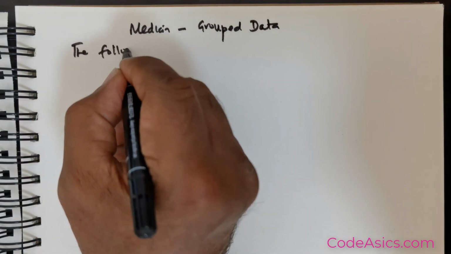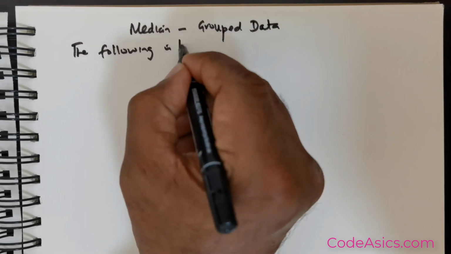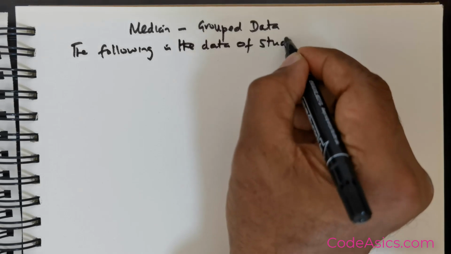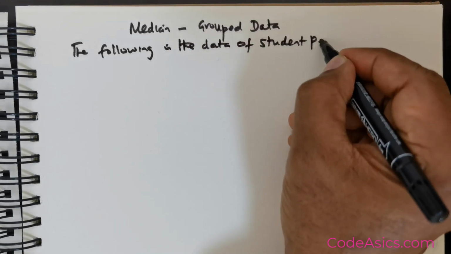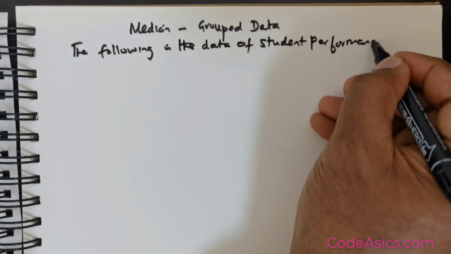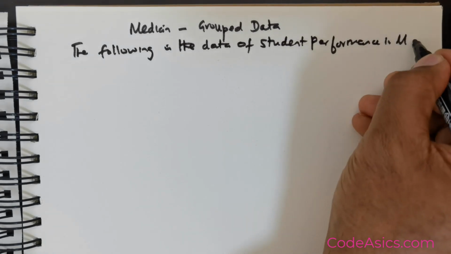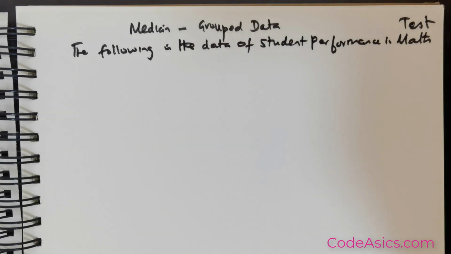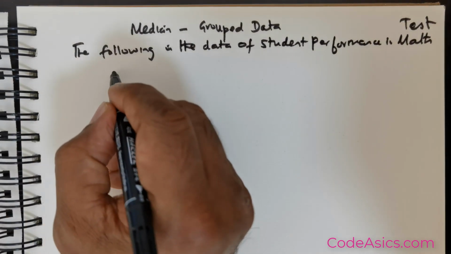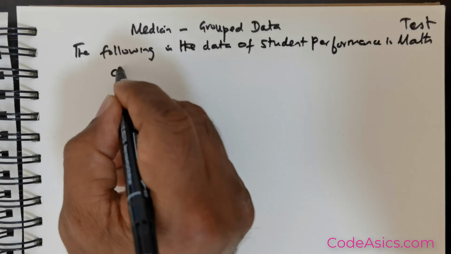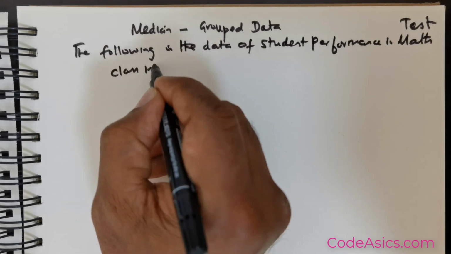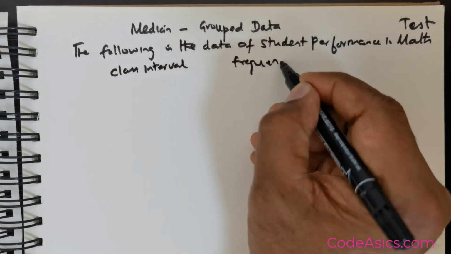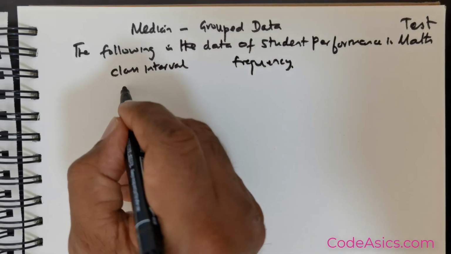The following is the data of student performance in a math test. So this is the class interval. This is the frequency, and we have been given the following.